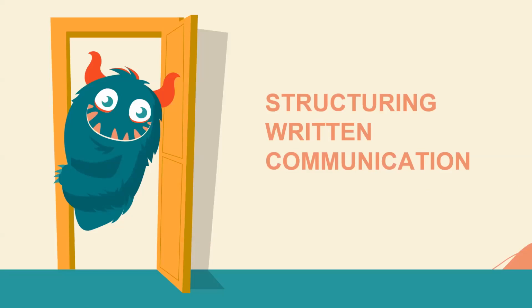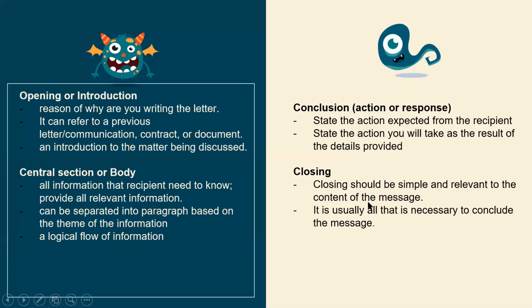Next, we talk about how to structure our written communication. In general, there are 4 main points that you should have in the structure of your letters. First, introduction or opening.